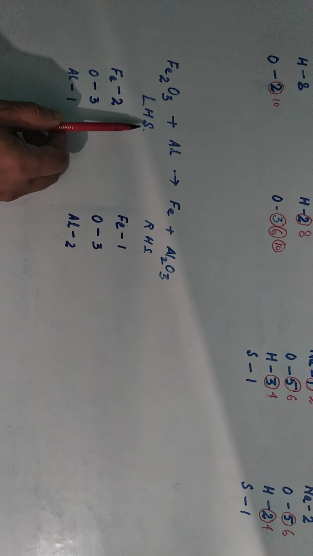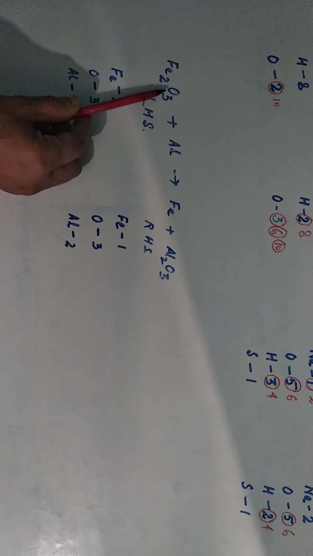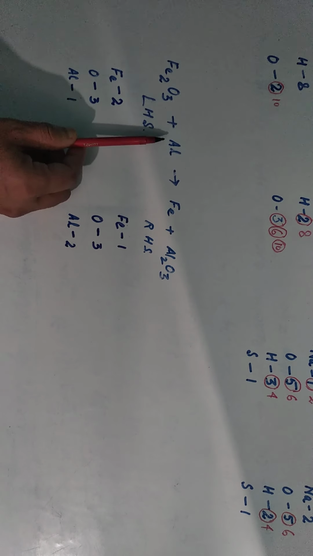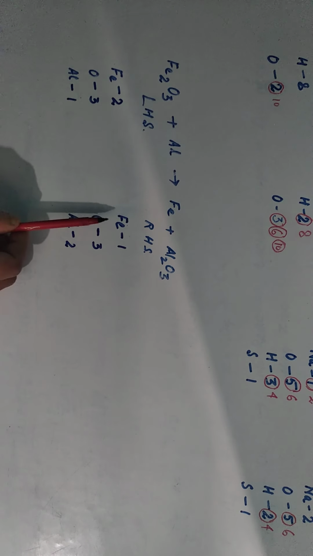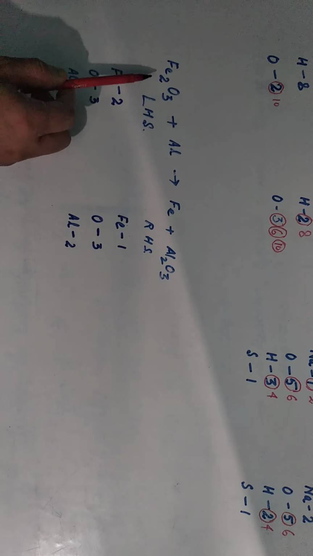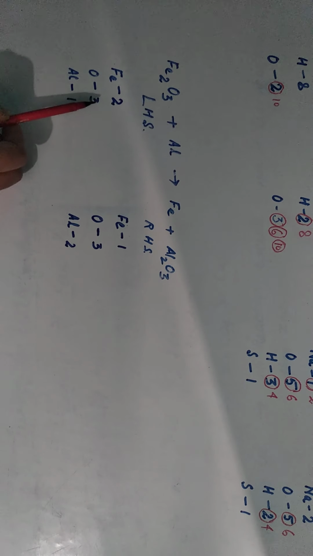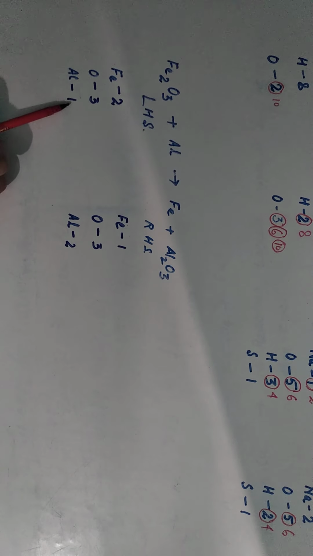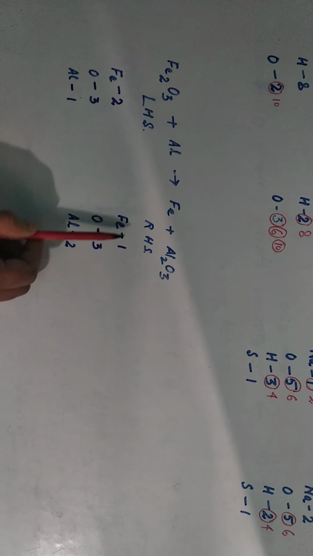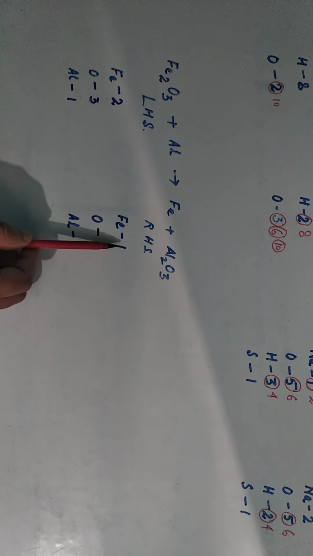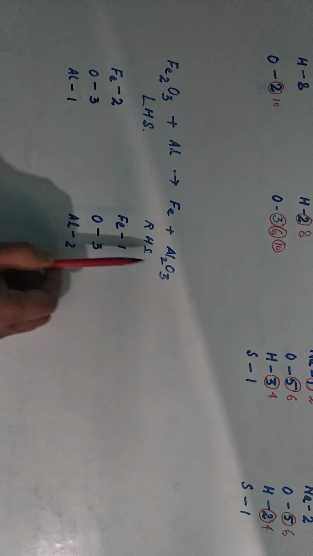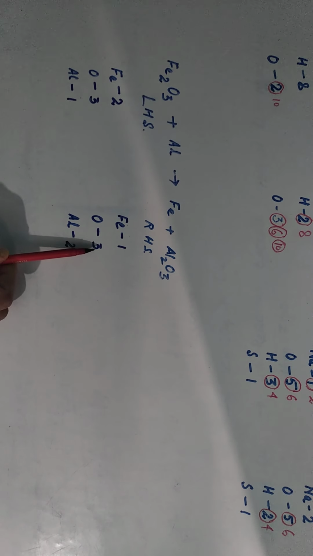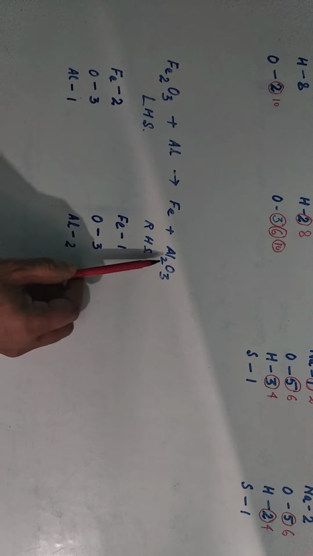On the left hand side, I have iron, oxygen and aluminium: 2 atoms of iron, 3 atoms of oxygen and 1 atom of aluminium. Similarly, on the right hand side, 1 atom of iron, 3 atoms of oxygen and 2 atoms of aluminium.